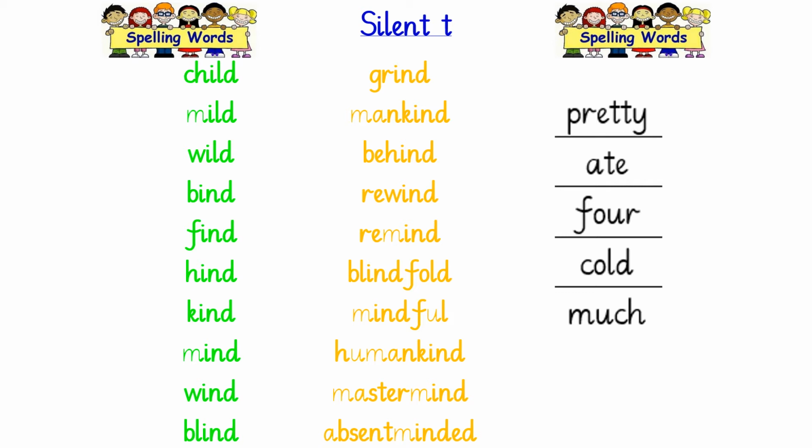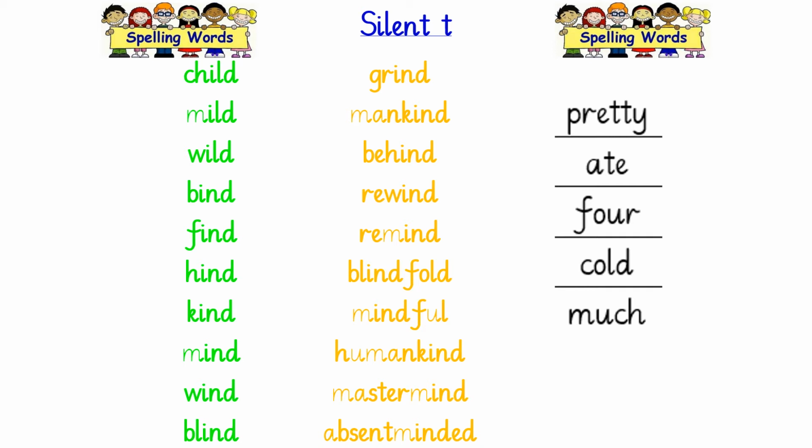Okay, bind. Bind has a lot of different meanings, but I suppose the easiest way is, for example, if somebody has a bandage on their arm, you'd say that you bind it on by wrapping the bandage round. That would be binding.